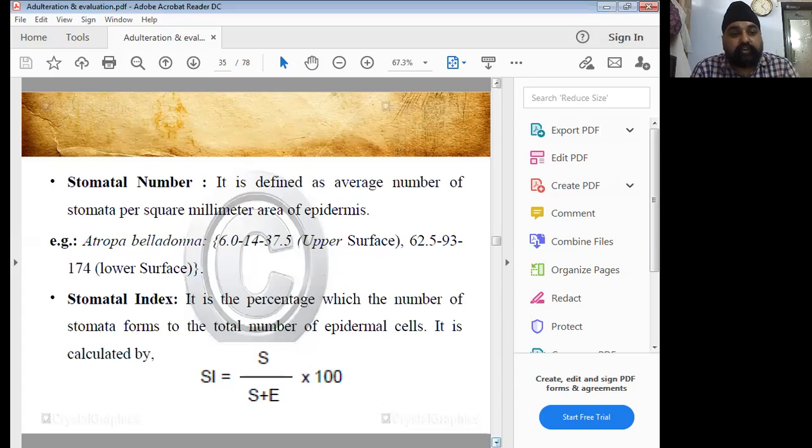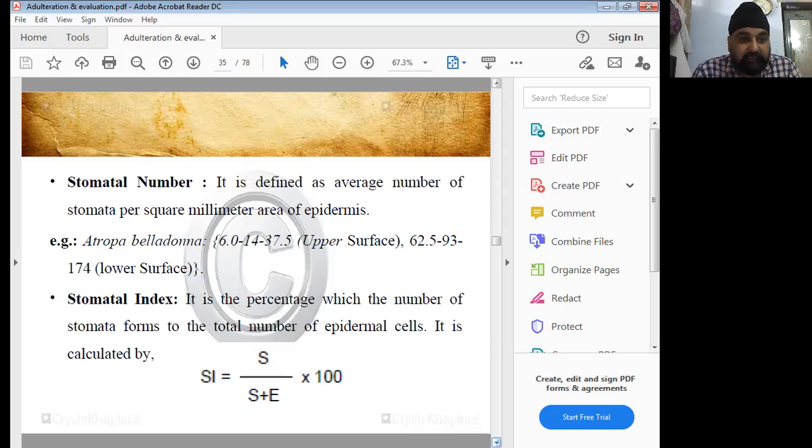Then comes stomatal number. Now we have already studied stomata. Stomata is basically present on the epidermis, which is meant for exchange of gases. It has a central core which is guarded by guard cells followed by various types of subsidiary cells.